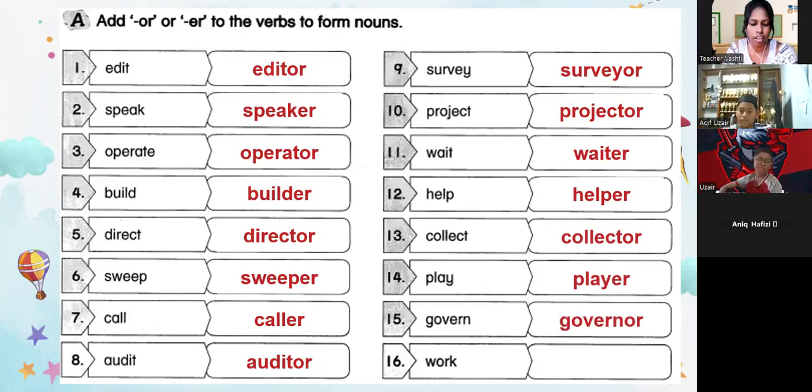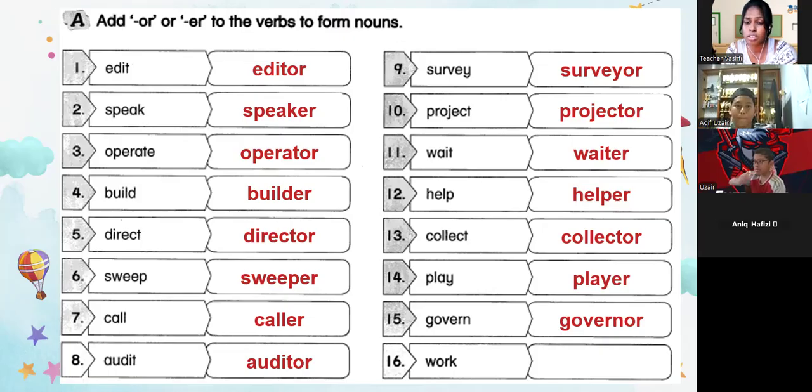Okay, OR. Number 16? ER. 15, OR. Wait, why? Teacher, wait.